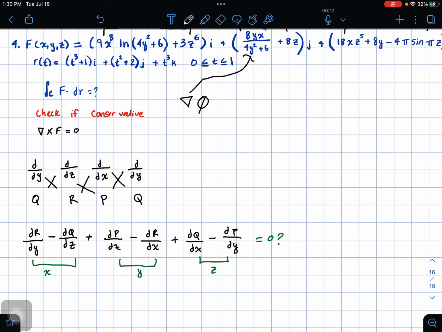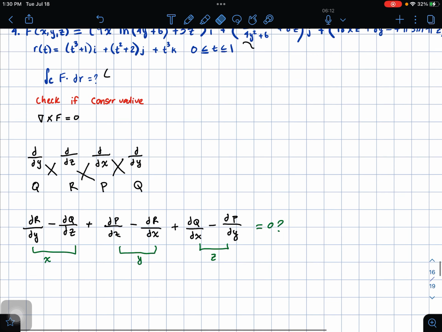Then you have some endpoint, and you can subtract the beginning point, and whatever you get is going to be the answer. That's why we're checking if it's conservative, because that gives us a way to solve it that we know.